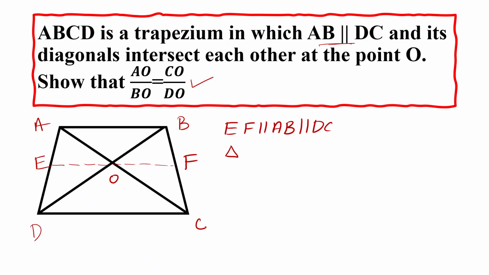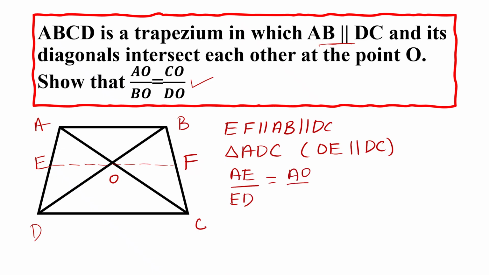Consider the triangle ADC, and in this triangle OE is parallel to DC. When I apply basic proportionality theorem, I am going to get AE by ED is equal to AO by OC. Remember this as equation 1.